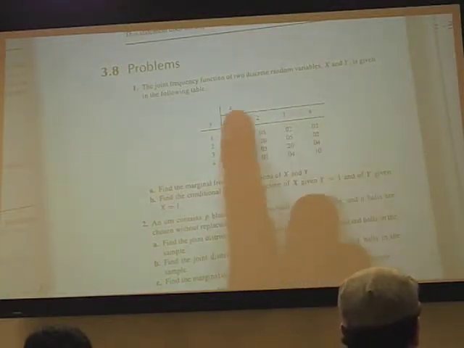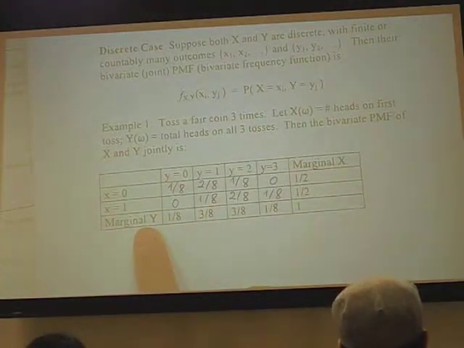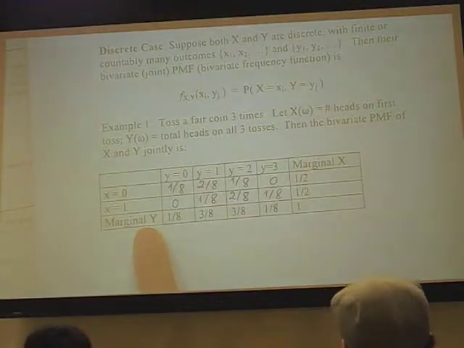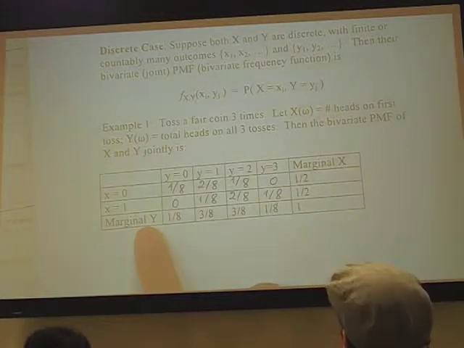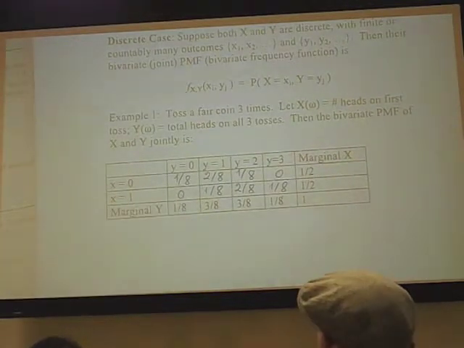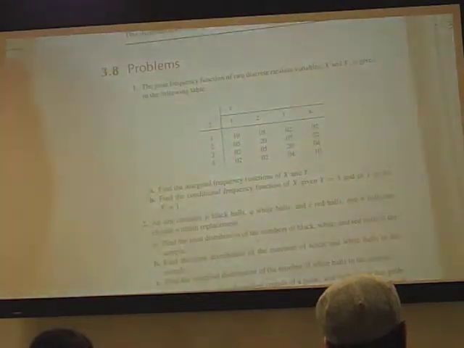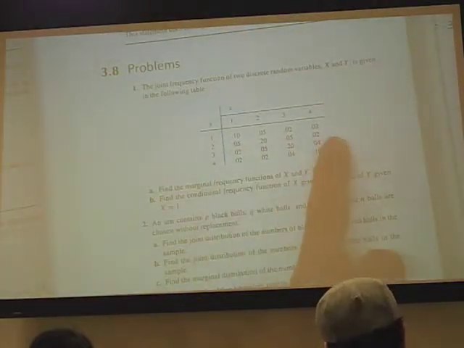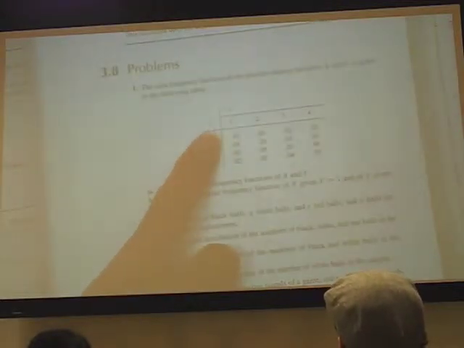Why is it that in the example over here, when I try to compute the marginal density function for y equal to 1, I'm going to sum over x, right? Correct? That means that I'm going to sum across, right? And then some people ask me, why is it that in this case right here, I sum across and I got the wrong thing? Well, because they twisted it the other way around.